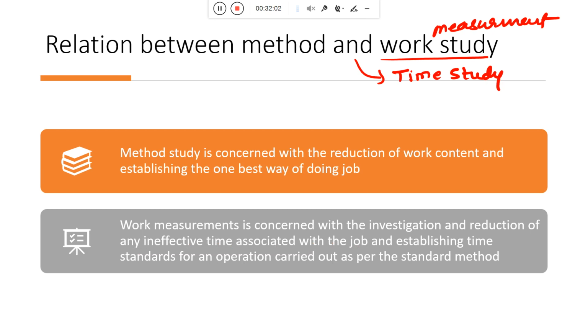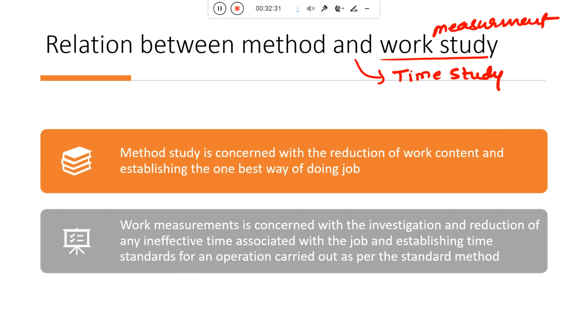So first you need to identify all these things by use of the time study. Then you need to critically examine and suggest a way to set the standard time. We will discuss that. So ineffective time associated with the job, and establishing a time standard for an operation carried out as per the standard method. How much time is needed? You need to set the best optimal time to complete that particular operation.